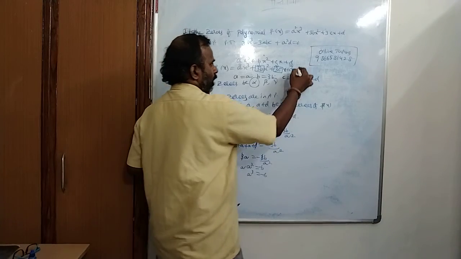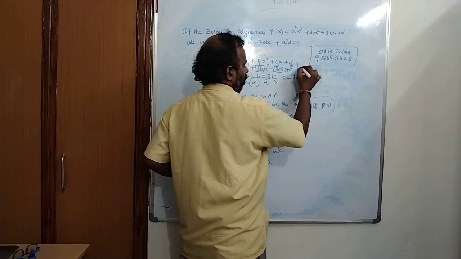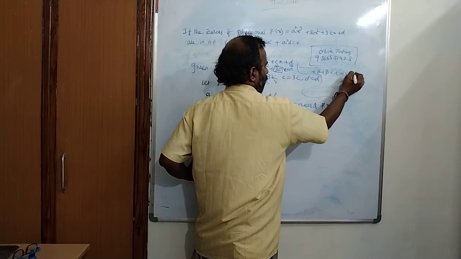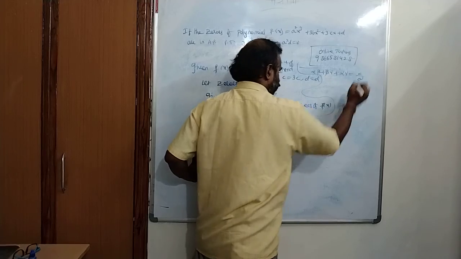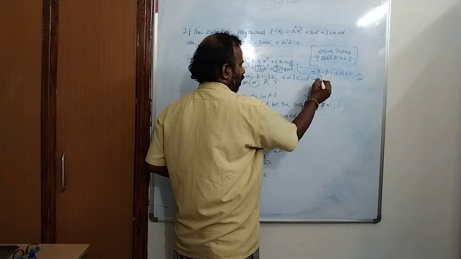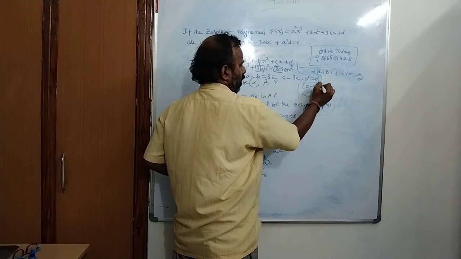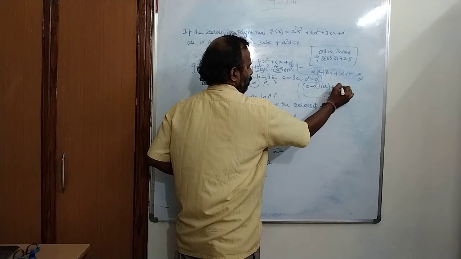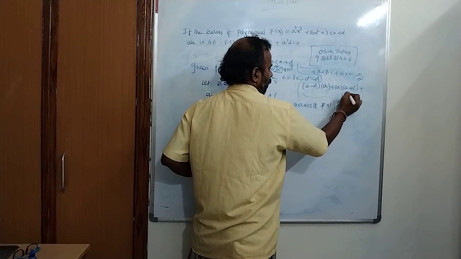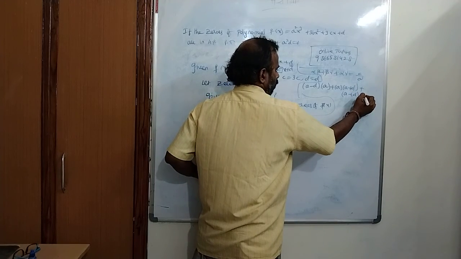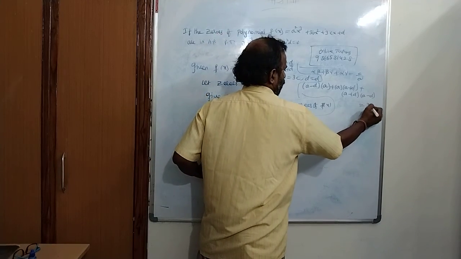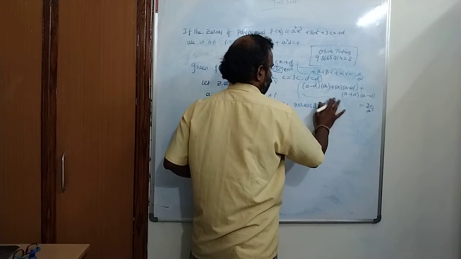Now we have to take the sum of the product of zeros, that is alpha beta plus beta gamma plus alpha gamma is equal to c by a. Here, a minus d into a plus a into a plus d plus a plus d into a minus d is equal to 3c by a square.